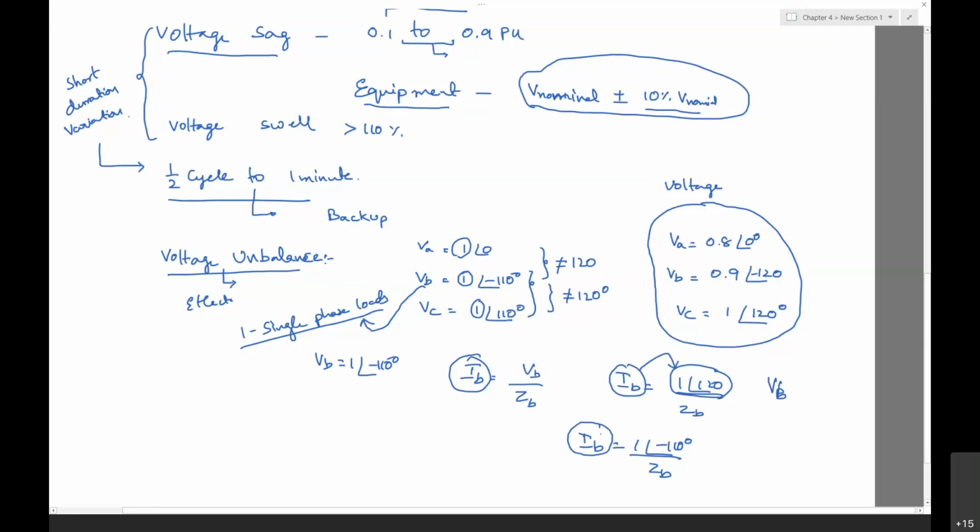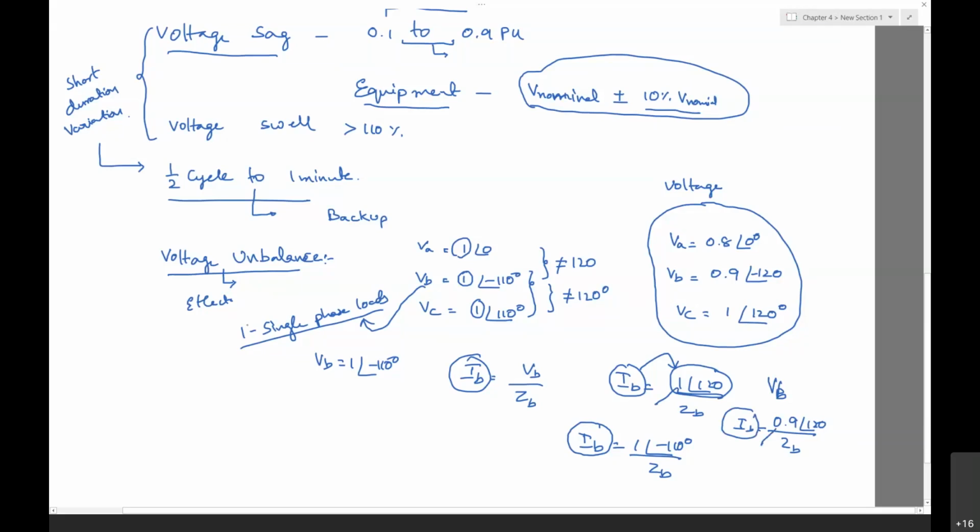If there is any magnitude reduction in the voltage, let us assume 0.9 at an angle of 120 degrees divided by ZB, then obviously you will have a lesser current than what we have at 1 per unit. With 0.9 per unit, this IB current is going to decrease.